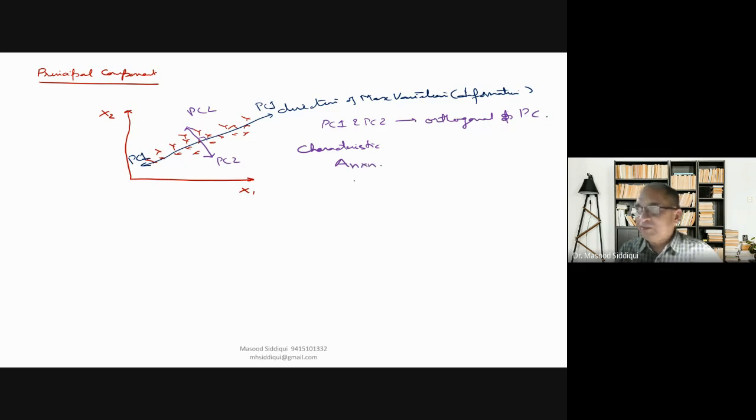So we solve this determinant, that is the determinant of A minus lambda I. A is the matrix for which we find the principal components or the eigenvalues. This is the determinant, this is the matrix, and I is the identity matrix.